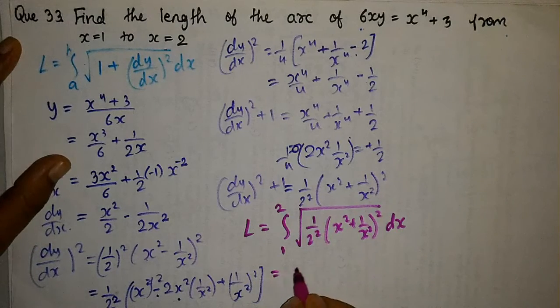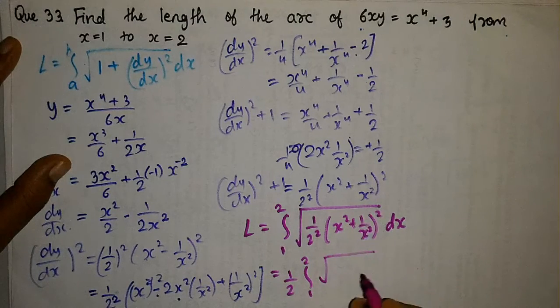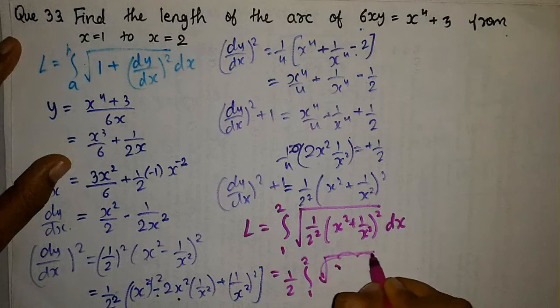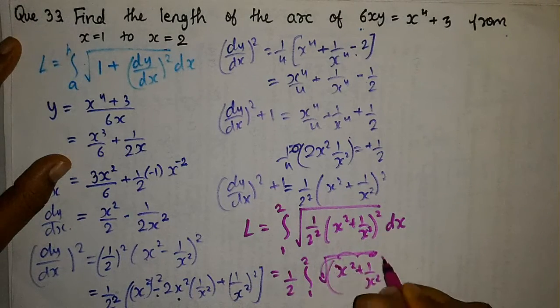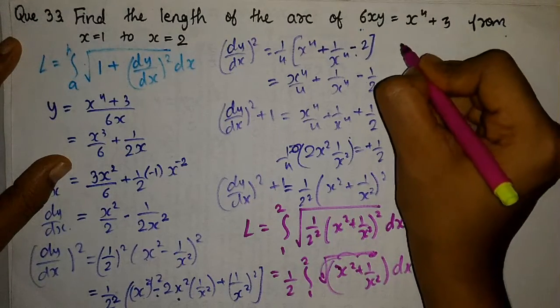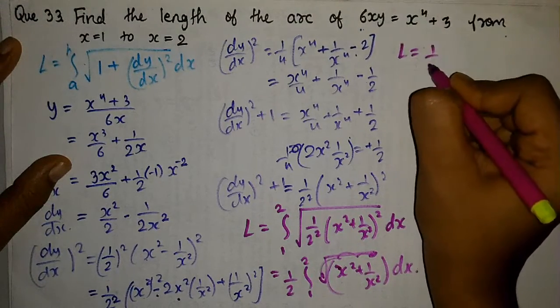Taking the root, we get 1/2 outside, the integration from 1 to 2, and the square and root cancel, so there is only x^2 plus 1/x^2 into dx.